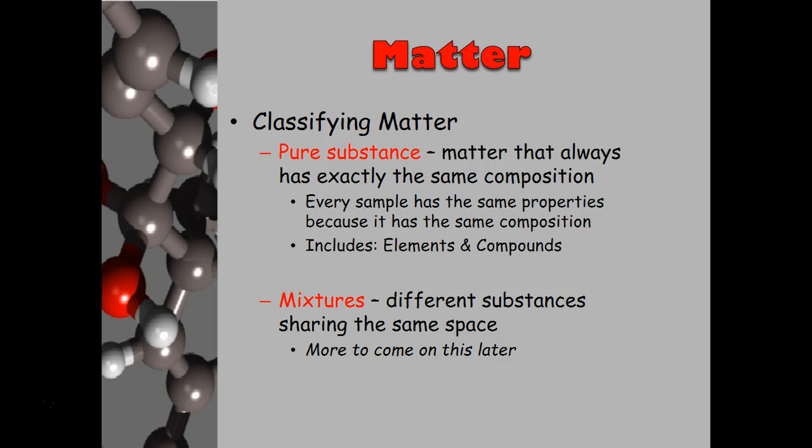It's going to have the same reactivity, the same flammability, the same atomic structure, the same properties. Same thing if I go to the sun or another planet and take hydrogen from there.